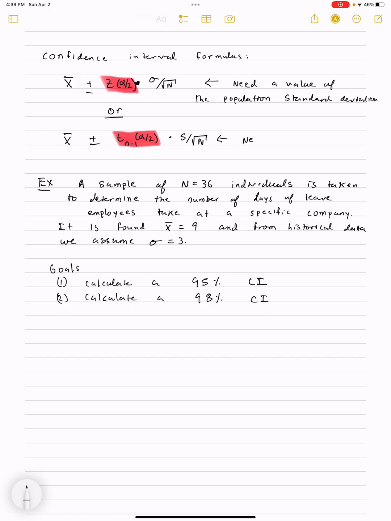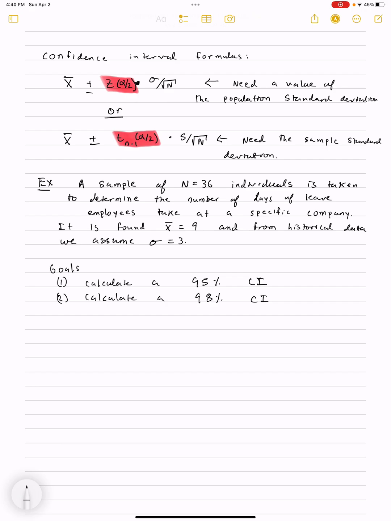So the question is, if we want to know which formula to use, we need to know, are we given a population estimate or are we calculating the sample standard deviation? Well, let's look at the example below here.